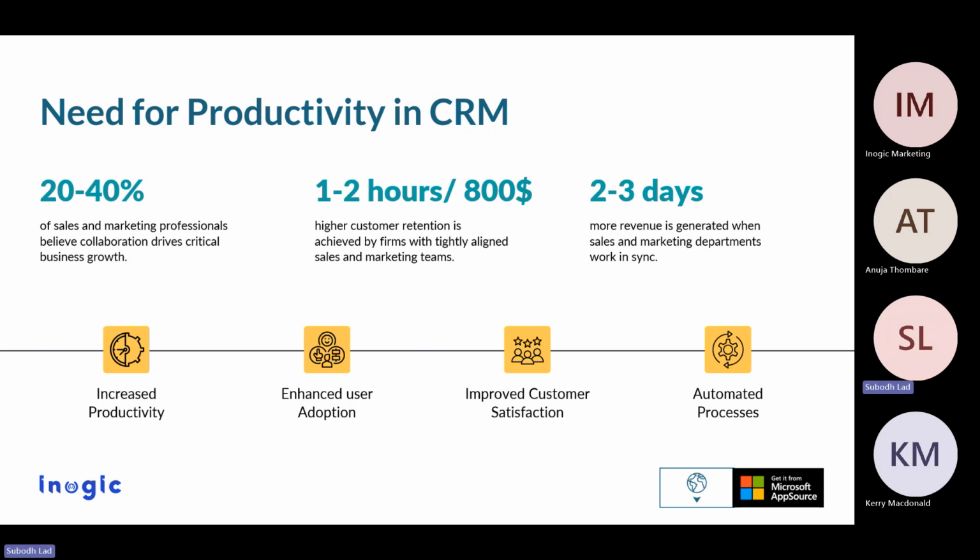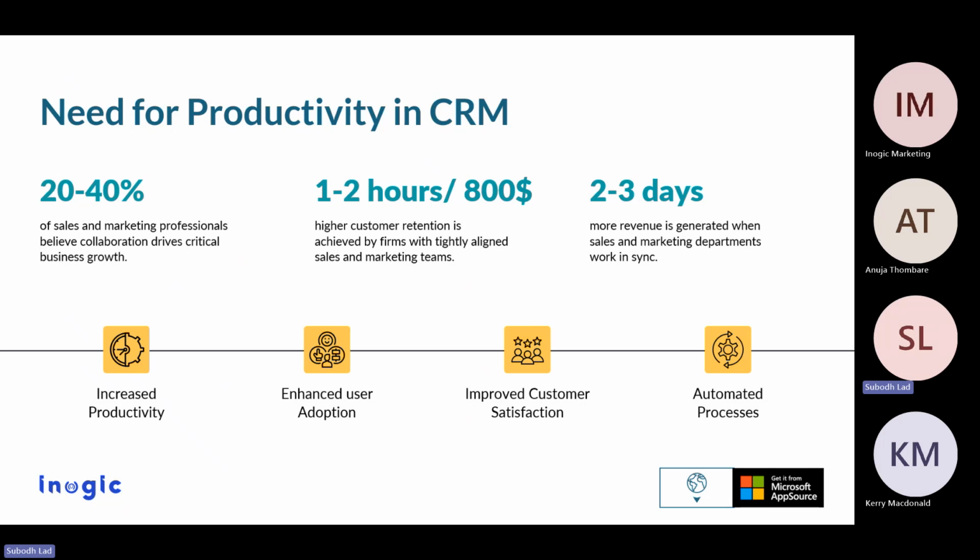We'll quickly go through why we need productivity in CRM. With increased productivity, you can have around 40% growth as there is collaboration between your sales and marketing teams. There is higher customer retention, which ultimately leads to more revenue as your marketing and sales teams work in sync.